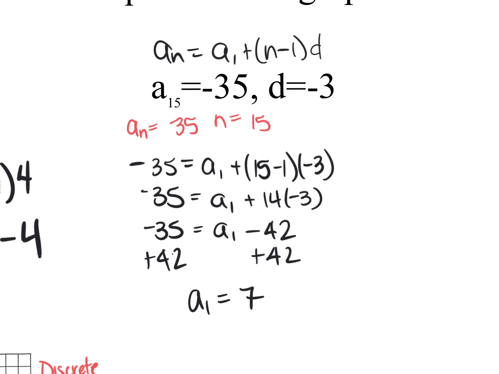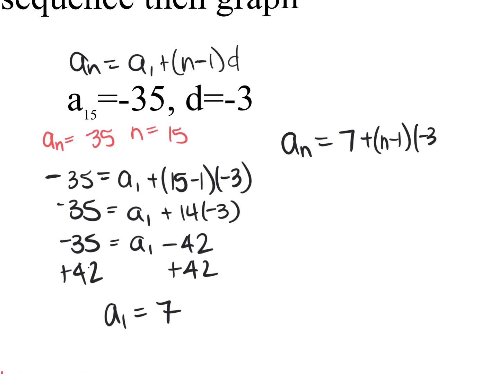So now I write my equation with A1 and D. AN and N are variables. So AN equals 7 plus N minus 1 times -3. 7 plus minus 3n plus 3, -3n plus 10.